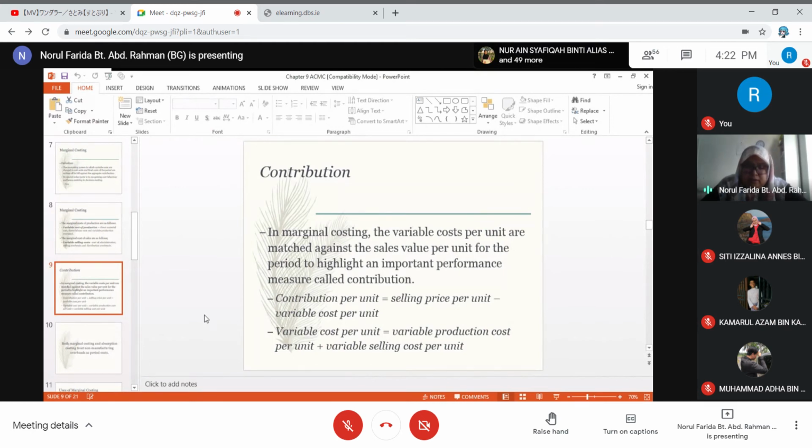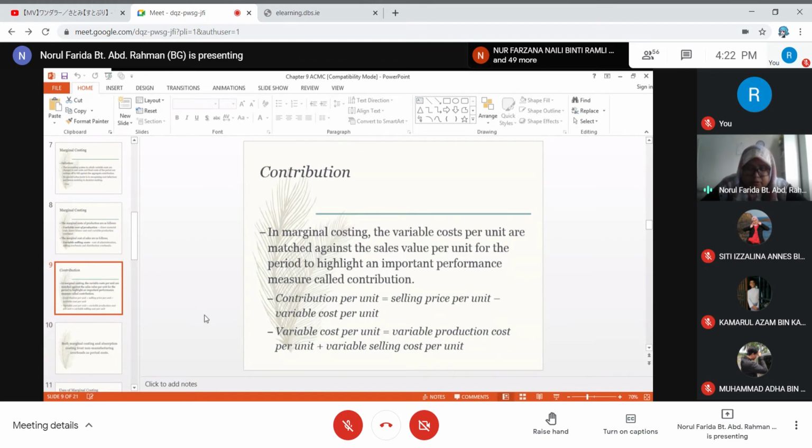So in marginal costing, the variable cost per unit are matched against the sales value per unit for the period to highlight an important performance measure called contribution or contribution margin lah. Okay, so contribution margin per unit, and then you already know lah this one, selling price per unit tolak variable cost per unit. Variable cost per unit is your variable production cost plus with your variable selling cost per unit. Alright, so it is called contribution.